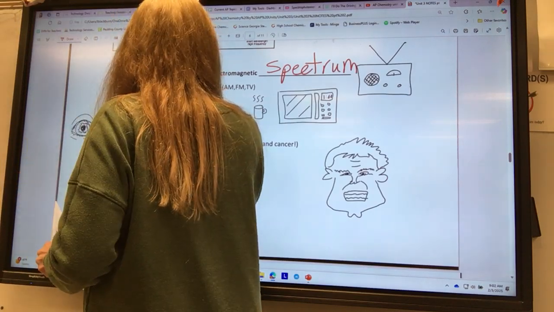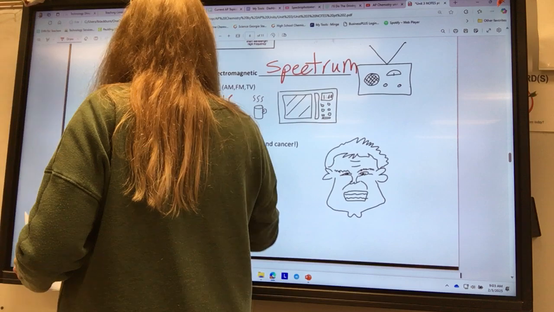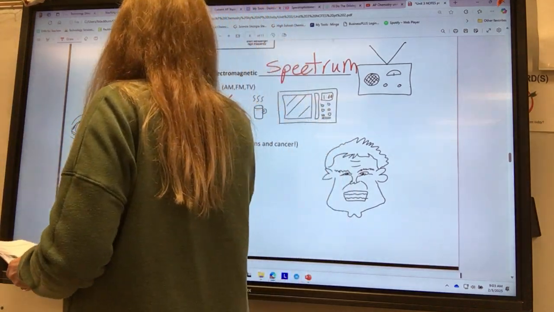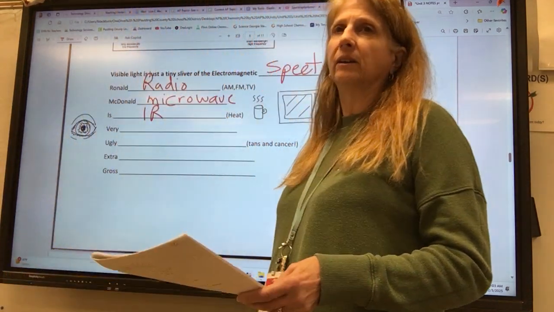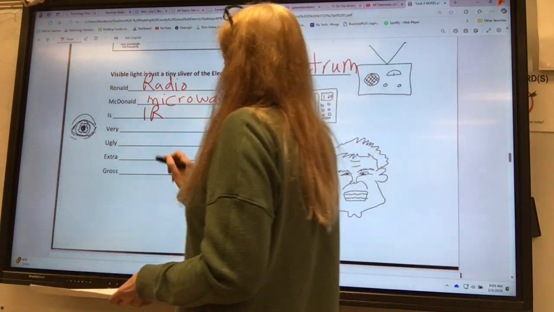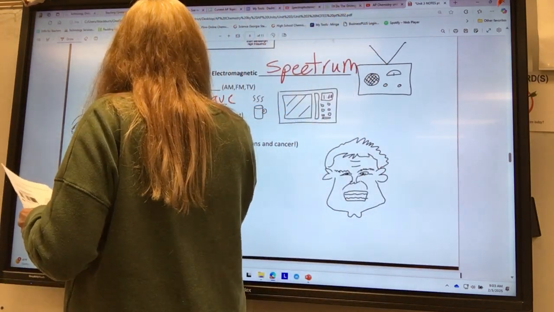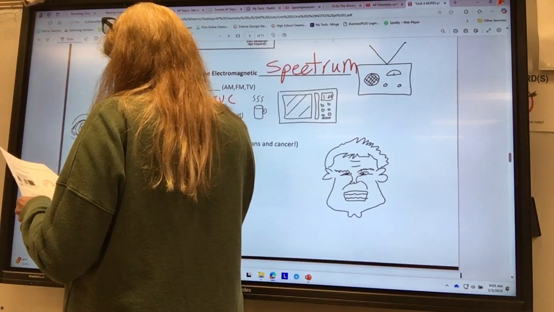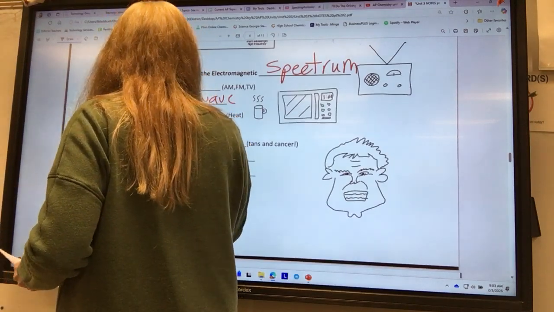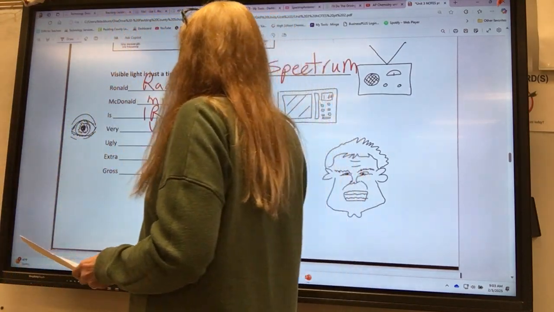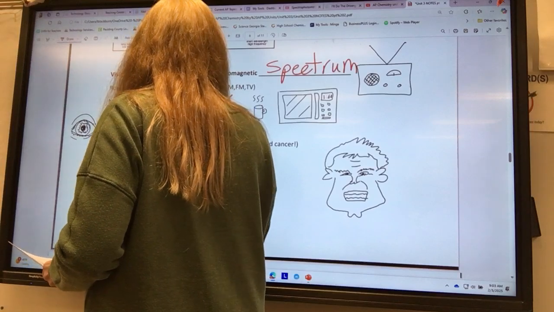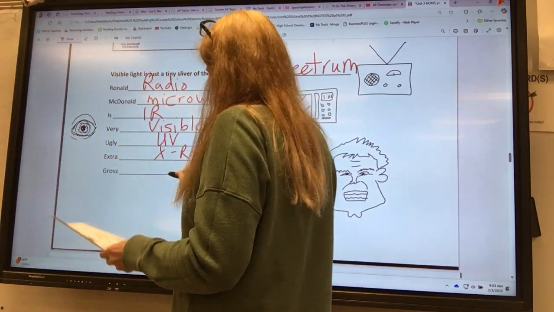Is is infrared. Y'all know IR is infrared, we could just abbreviate that. Very is visible. Ugly is UV, and y'all know that means ultraviolet. Extra is X-ray, and gross is gamma rays.